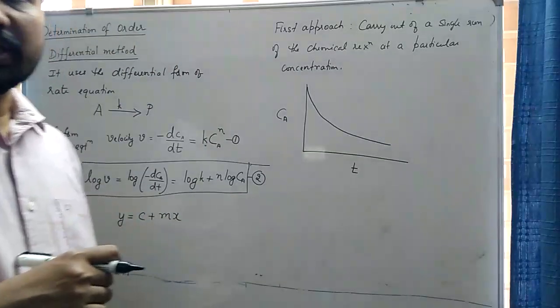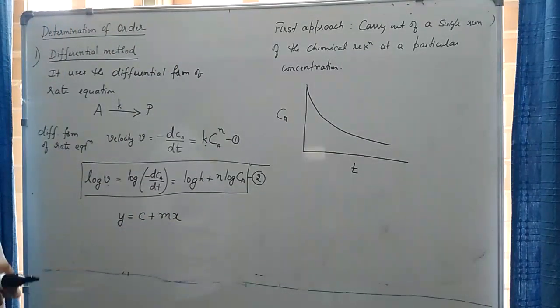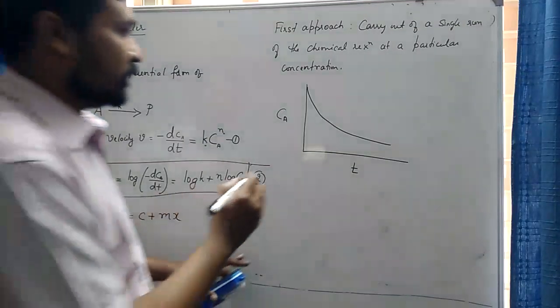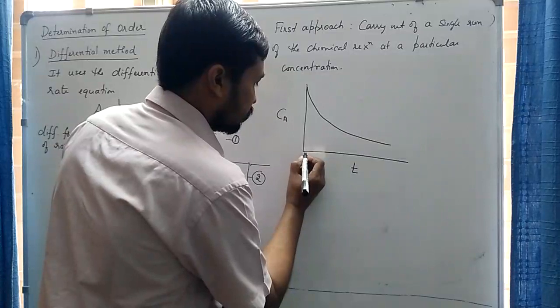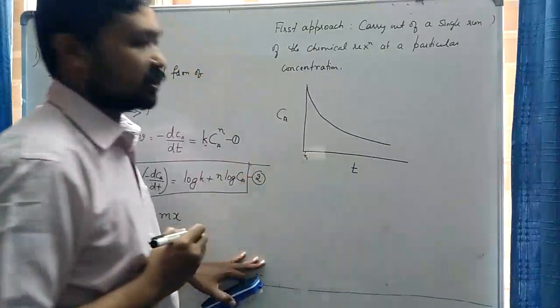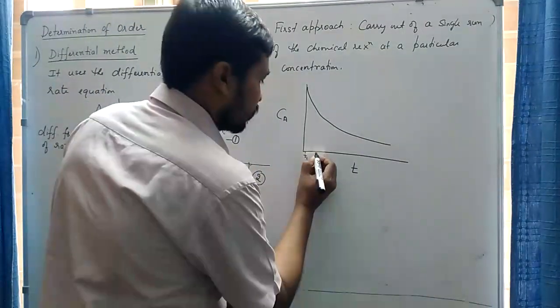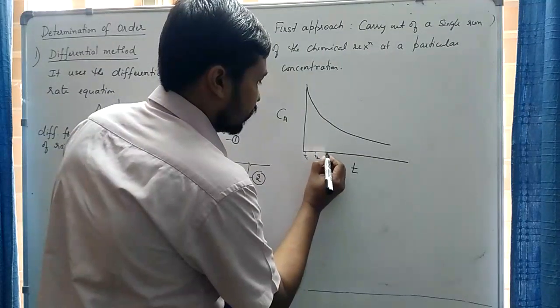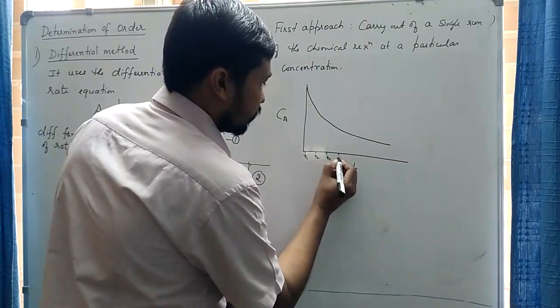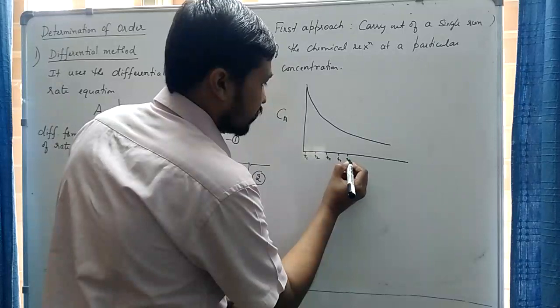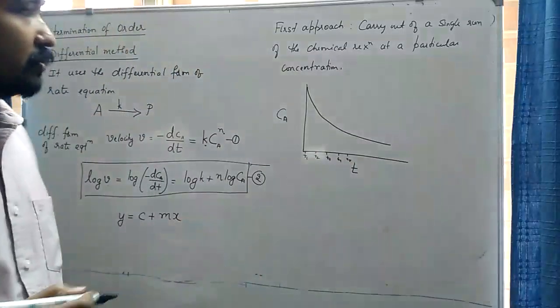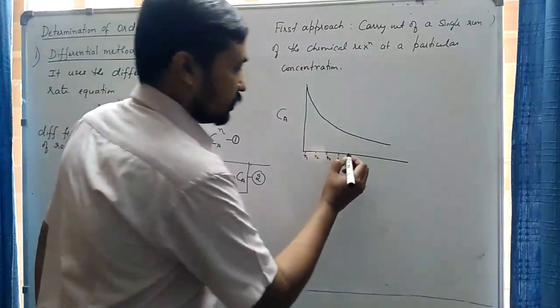Now we measure the rate of the reaction at different intervals of time. For example, I will take t1 here, then t2 here, t3 here, t4 here and t5 here. So what are the concentrations that I already know?